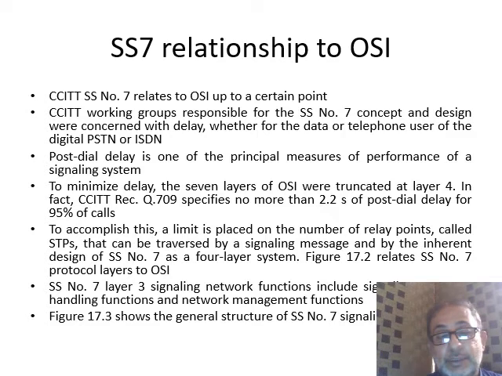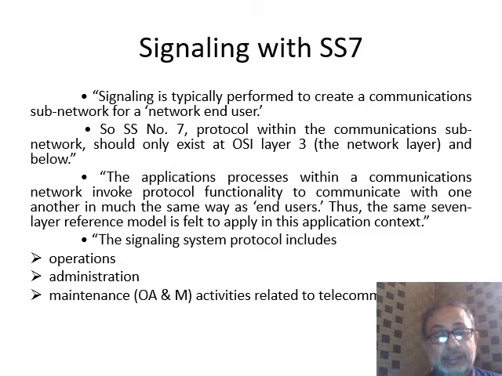Now let's see what is the relationship of the signaling system number 7 to the OSI, Open System Interconnection, 7-layer system. Let's compare it to that. First of all, the basic function of the signaling system is to ensure the operations, maintenance, and administration of the telephony network.